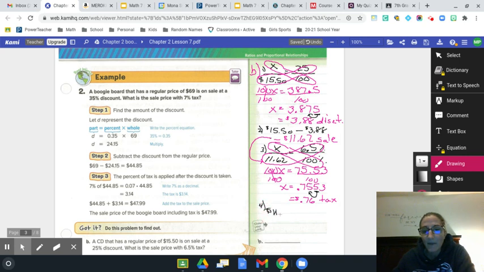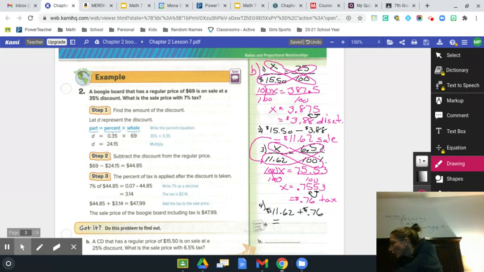So the $11.62. 11.62 plus the tax that we just got, 76 cents. We need to add these two amounts together.